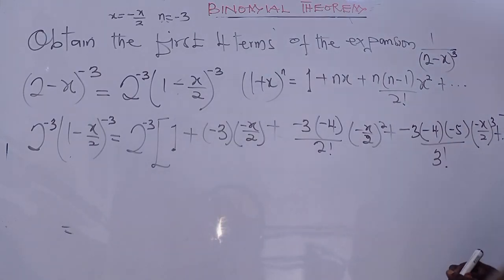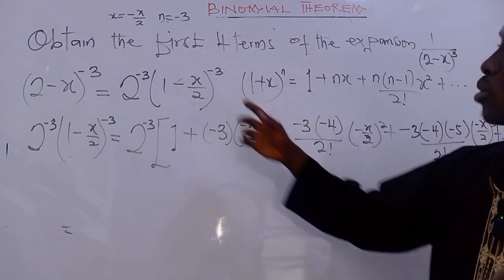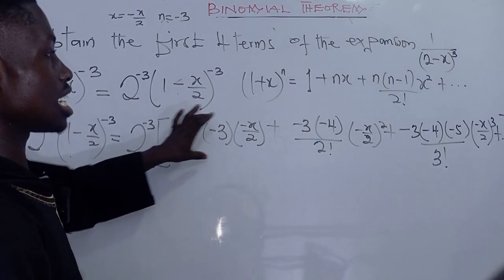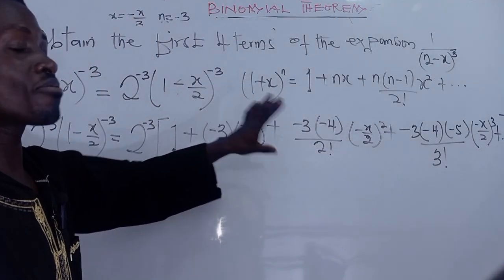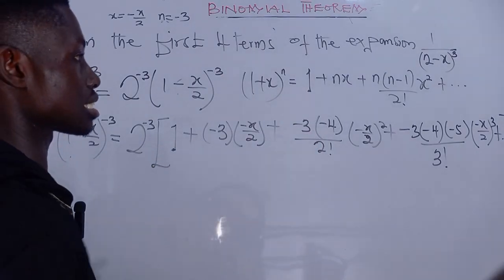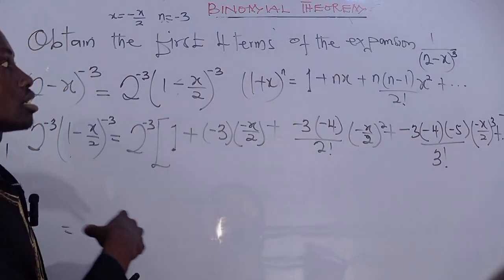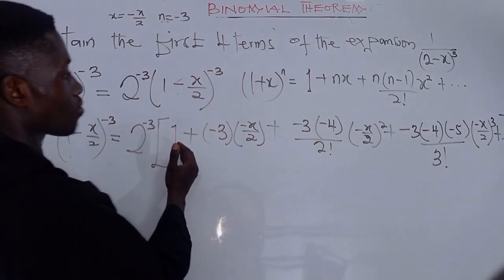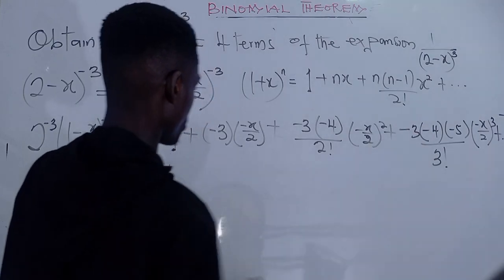We can continue, because whenever you have a binomial expression with a negative index, the expansion is infinite. It doesn't terminate. So we can continue, but our task is to obtain the first 4 terms. So we have 1, 2, 3, 4.